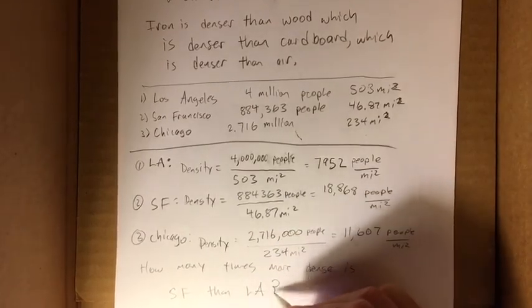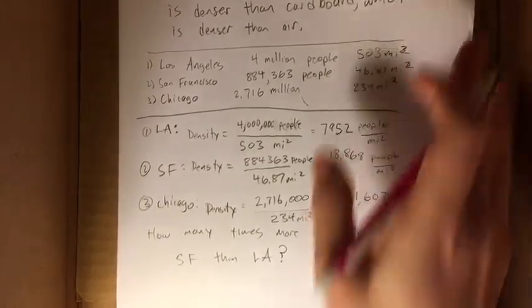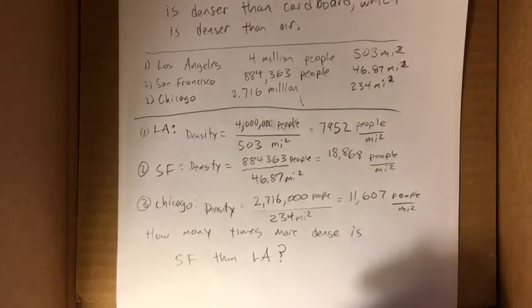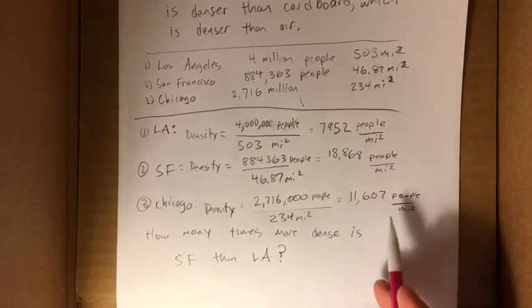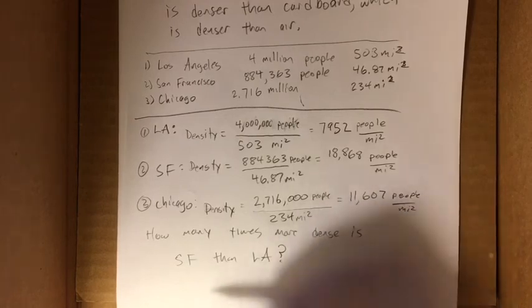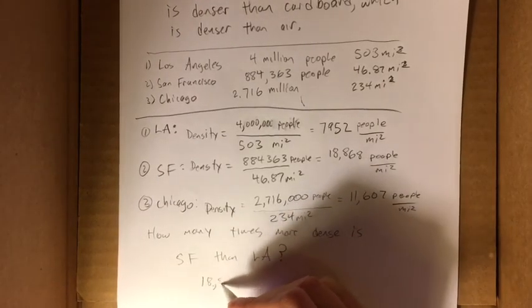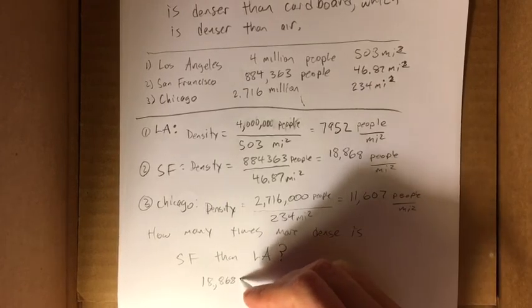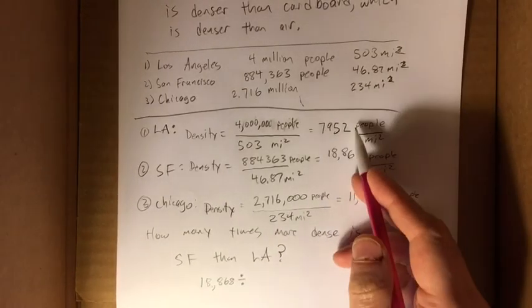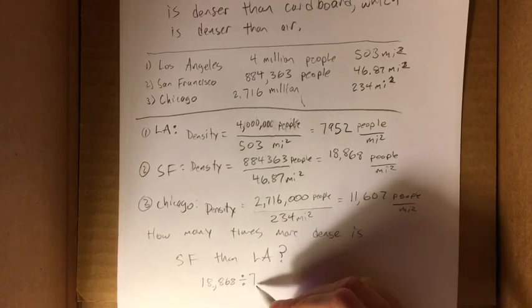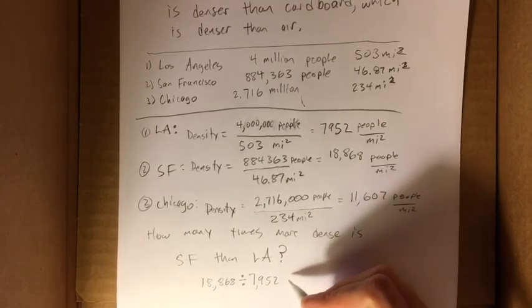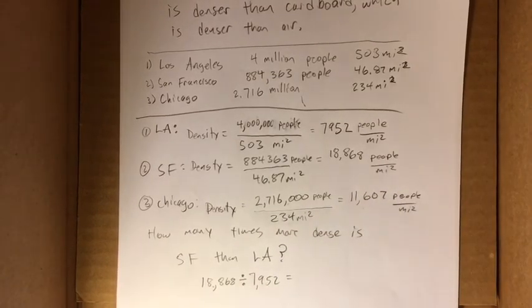If we wanted to answer this question, it's very simple. All you have to do is a quick division of 18,868 divided by LA's density, which was 7,952. So let's do that in our calculator.